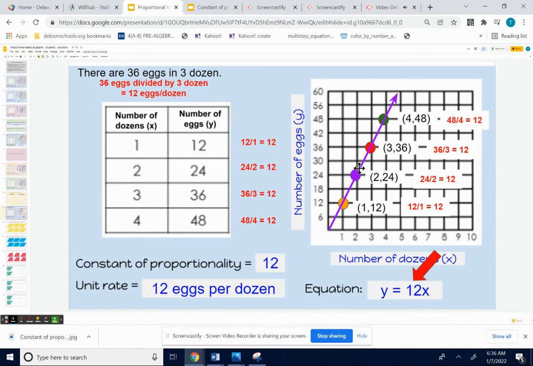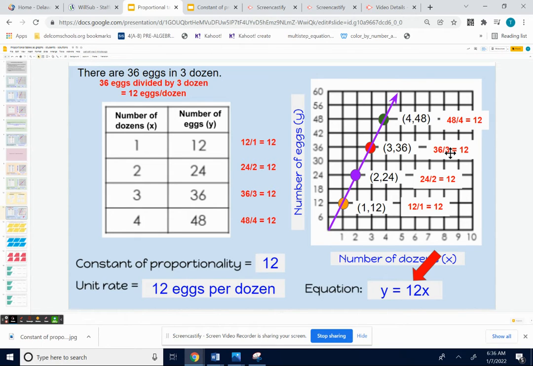Keep in mind a graph is simply the points on the data table graphed. So I could take any y coordinate divided by the x coordinate of any point and still get the COP. 12 divided by 1, 24 divided by 2, 36 divided by 3, 48 divided by 4.